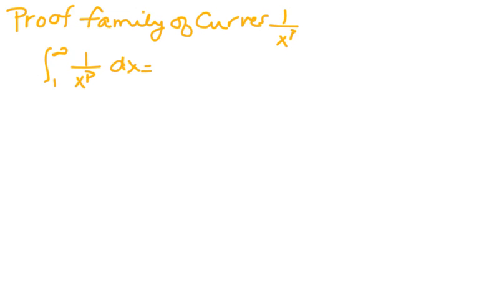As with any improper integral with an infinite integration limit, I'm going to rewrite it as the limit as b approaches infinity of the integral from 1 to b of 1 over x to the p dx.